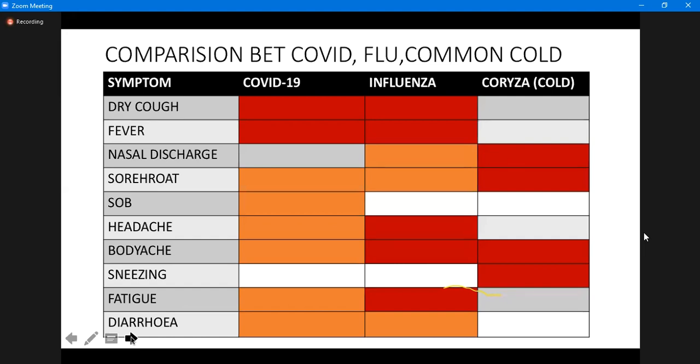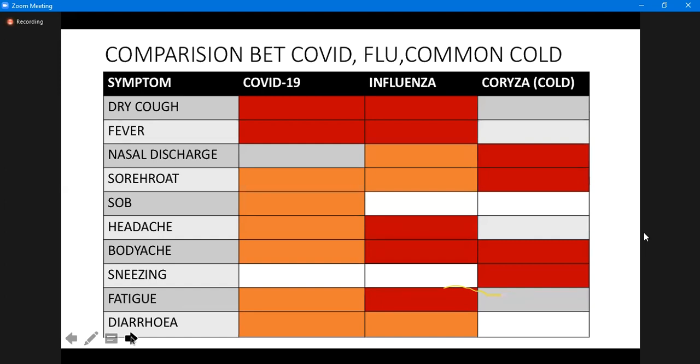Otherwise, if it's a mild disease, mainly the dry cough and the fever. You have to notice that nasal discharge and sneezing are not actually features of COVID. They are generally features of a common cold. So nasal discharge and sneezing are not the big features of COVID.